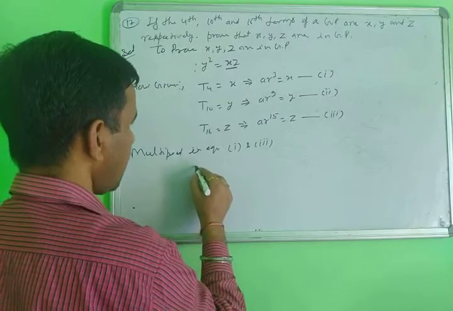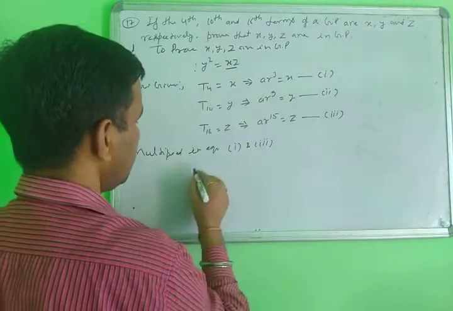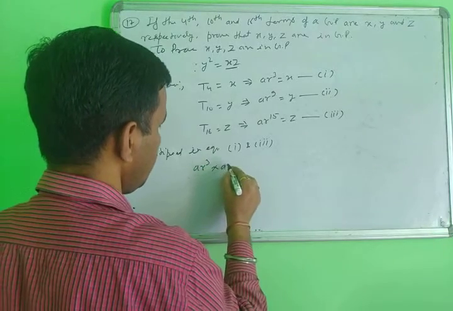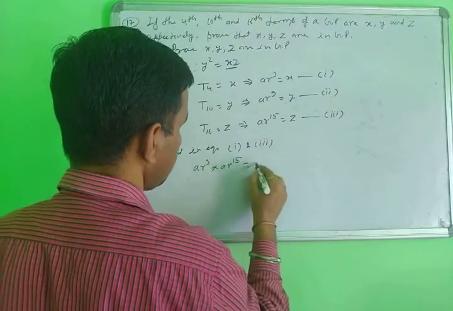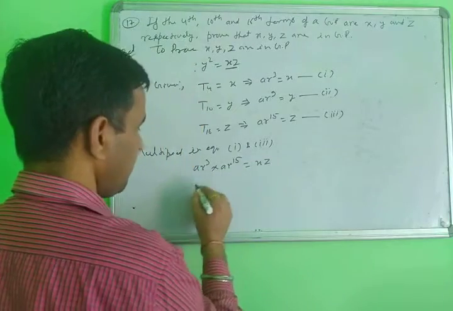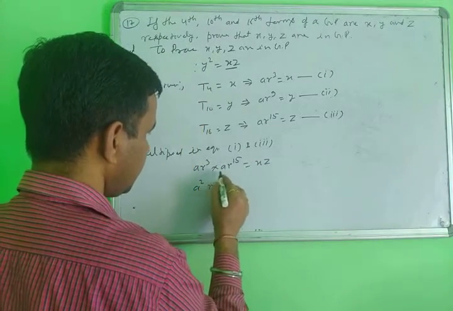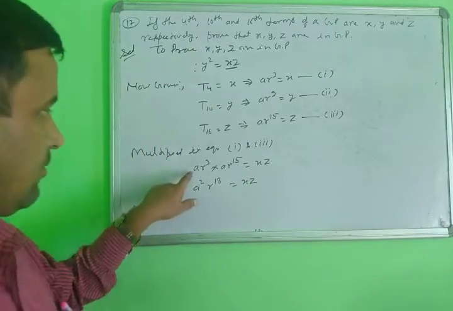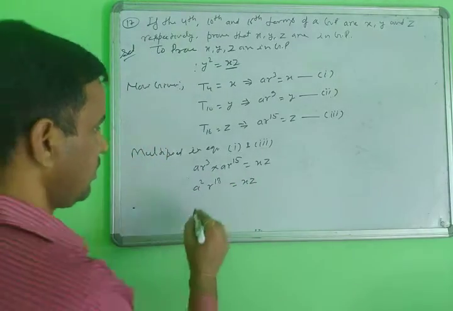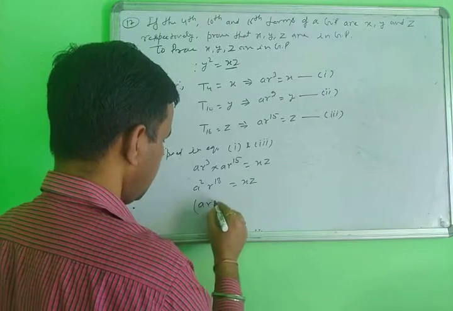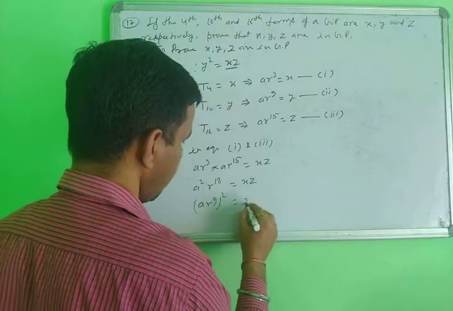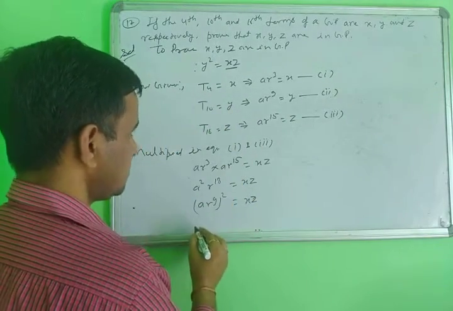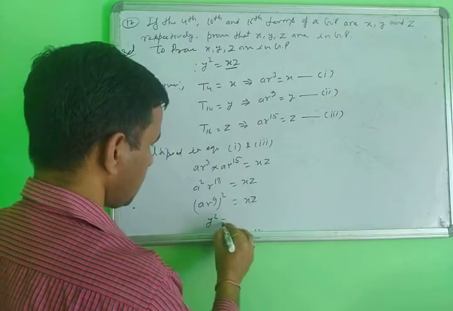That means X, which is AR3, into AR15 equals XZ, or A square R18 equals XZ. Which is, A R9 whole square equals XZ, and what is AR9 here? Using equation second, Y square equals XZ.